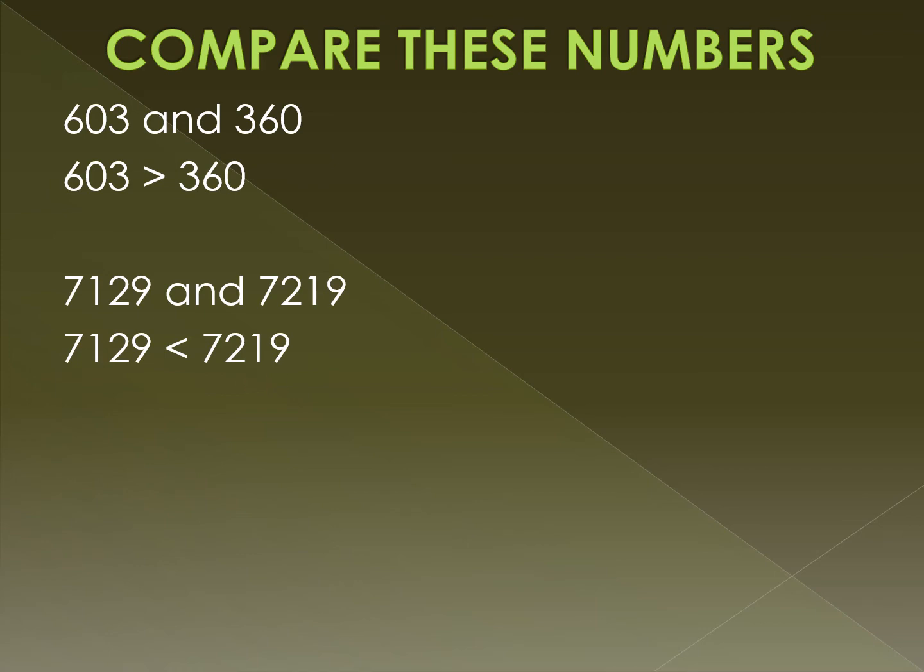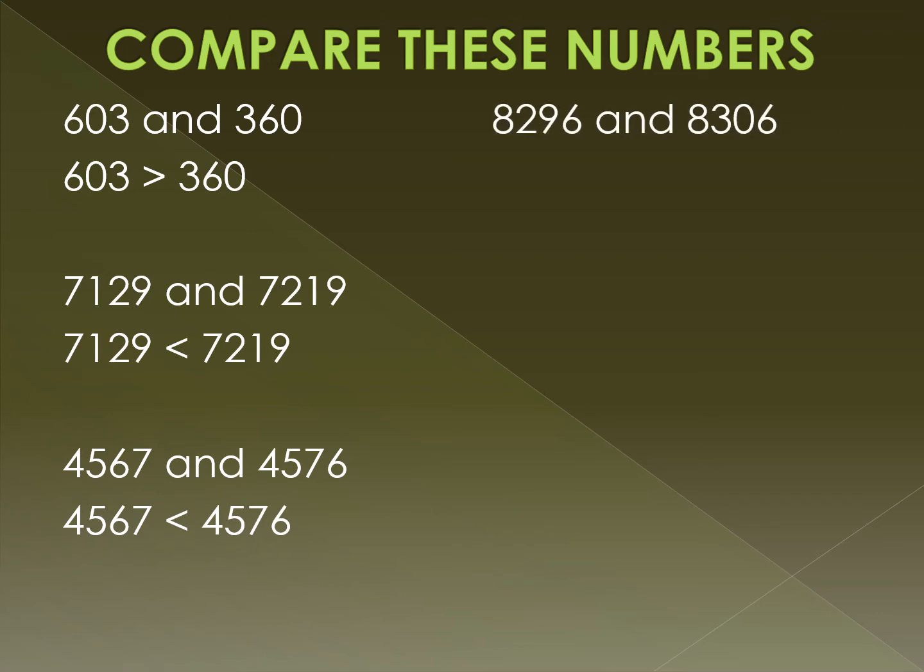Let's look at another example. Let's compare 4,567 and 4,576. We compare the digits on the leftmost side. In this case, it's 4 and 4. Since the leftmost digits are the same, we move on to the next digit.